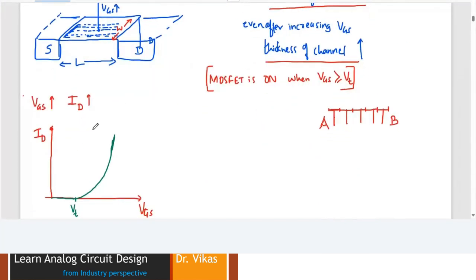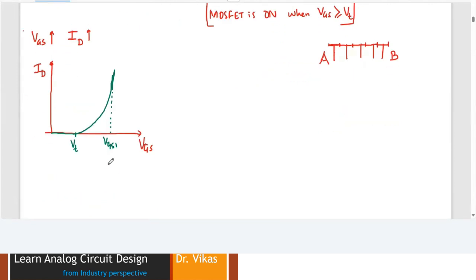If you observe here, let's say this is VGS1, basically let's say that this is 1 volt, this is 2 volts, this is 3 volts, and this is 0 volts.